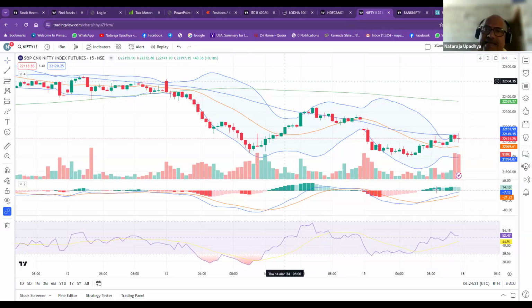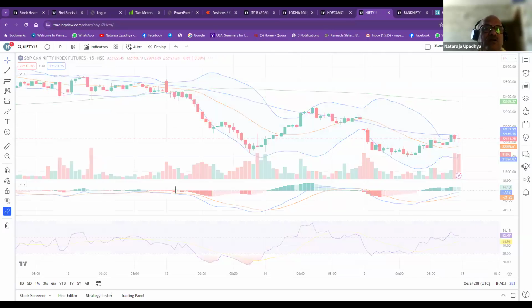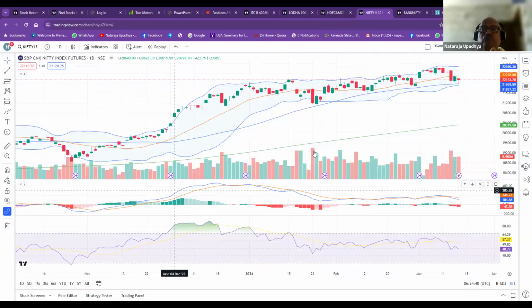And predicting a movement in a short term is much more hard than in a longer period. Therefore, as a beginner, you need to play in a longer time intervals. So I would say that maybe you should not go below daily.